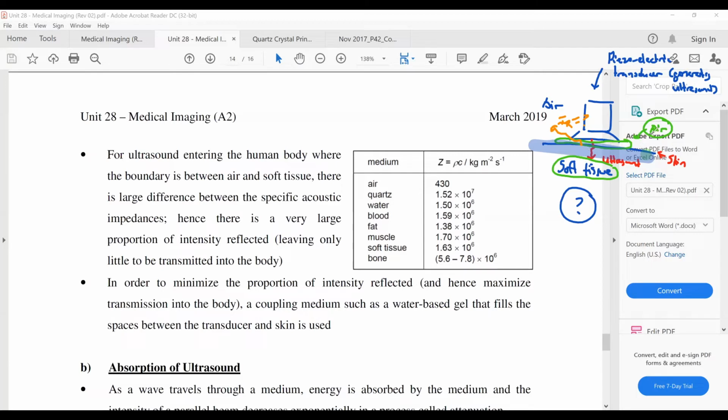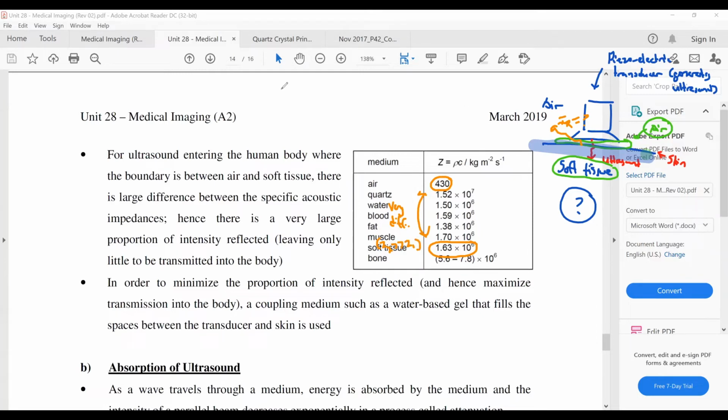So if you look at this table, the specific acoustic impedance of air is 430. The specific acoustic impedance of soft tissue is 1.63 times 10 to the power 6. You see this is very different, right? Meaning Z2 is very much larger than Z1.